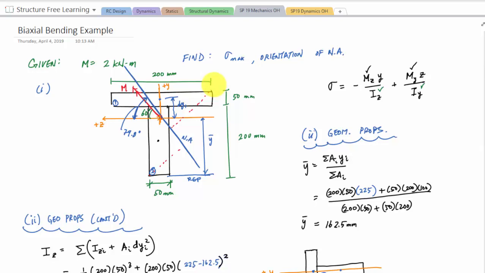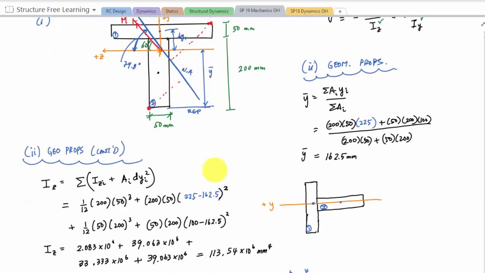The other thing we have to consider is whether I have a zone with compression due to Z and tension due to Y, which kind of cancels out stresses and gets it closer. The closer I get to the neutral axis, the more zero I get. So it looks like the top right is definitely a candidate, and then maybe even this one here.